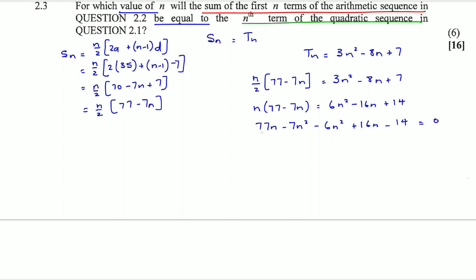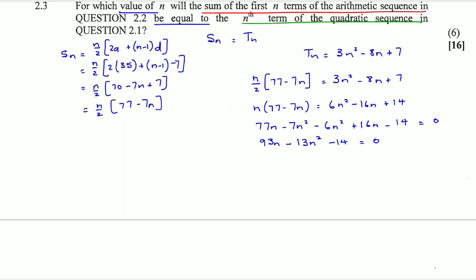Adding the like terms, we have 77n plus 16n, which gives us 93n, and minus 7n squared minus 6n squared is minus 13n squared, minus 14, equal to 0.